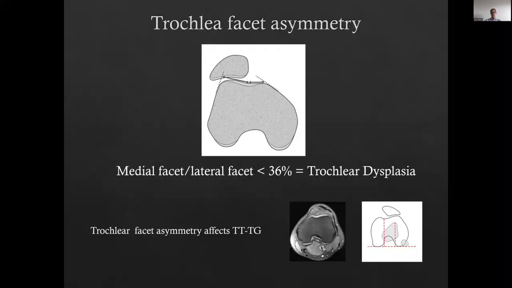For me, the TT-TG is in most cases due to either a medialized trochlear groove or an external torsion of the tibia. The isolated lateralized tibial tubercle is quite rare.